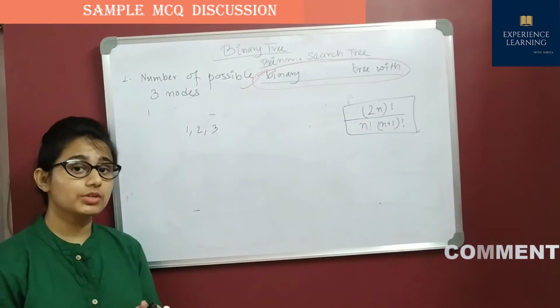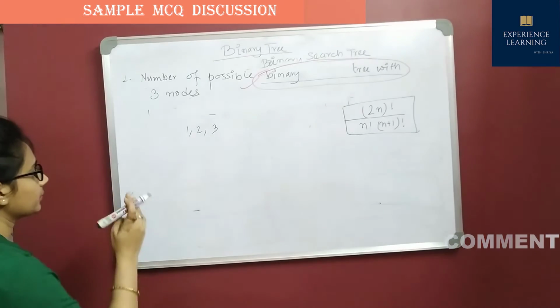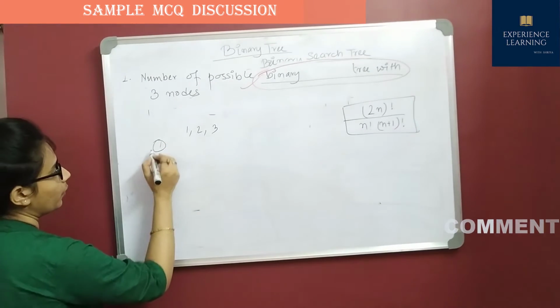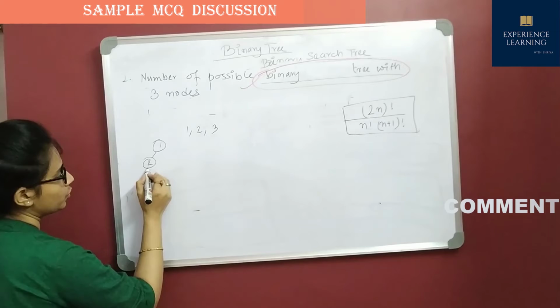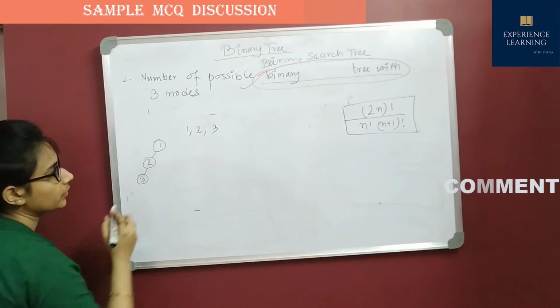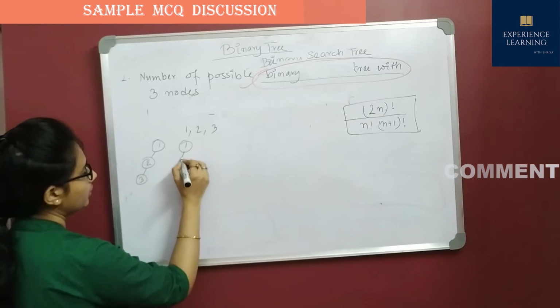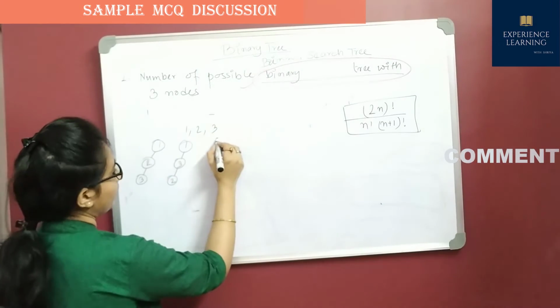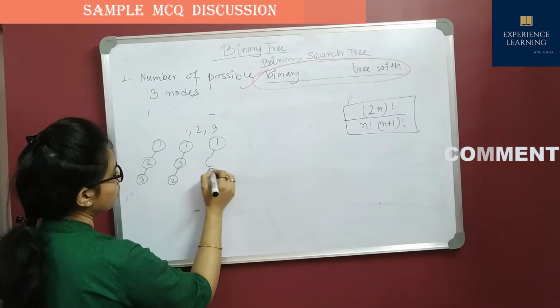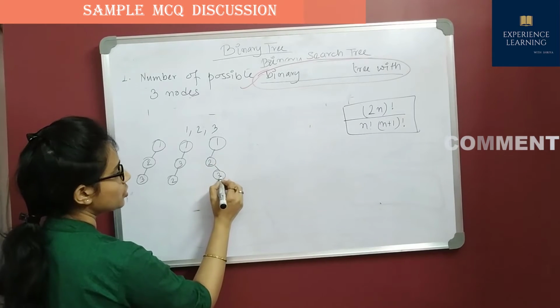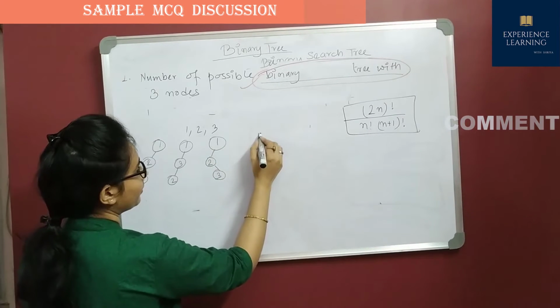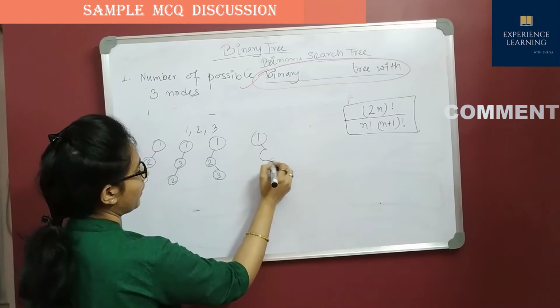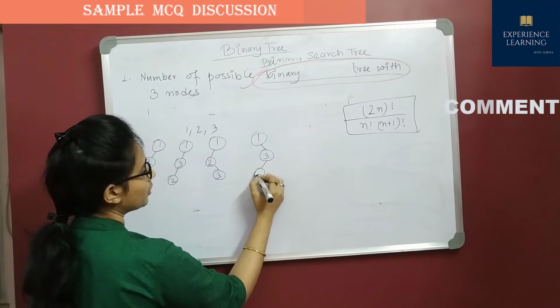Now how many trees are possible? Say I have 1, 2, 3, or I can write 1, 3, 2. Again I can write 1, 2, 3, or I can write 1, 3, 2.